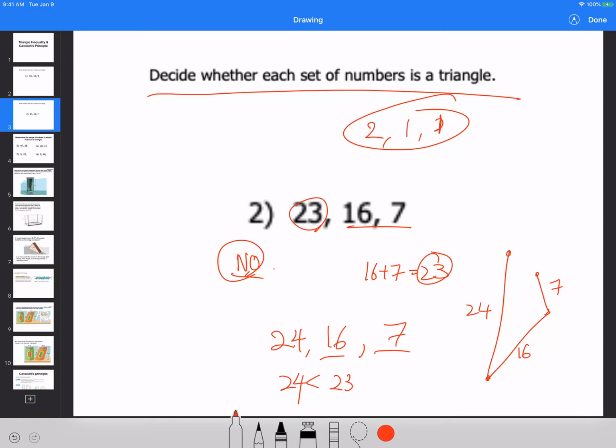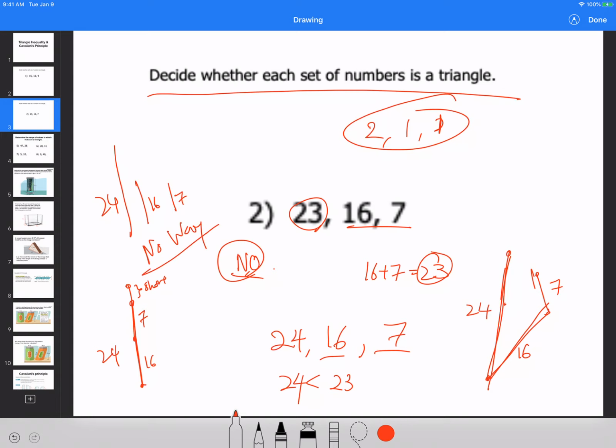The only way that you can connect this to this is where you have this as 24, you connect from here to here, then that's 16, and from here to here, that's 7, and you're still short. That simply cannot happen. So if I were to give you a stick of 24, and then 16, and then 7, there is no possible way in which you can make a triangle, because they're not going to meet up.